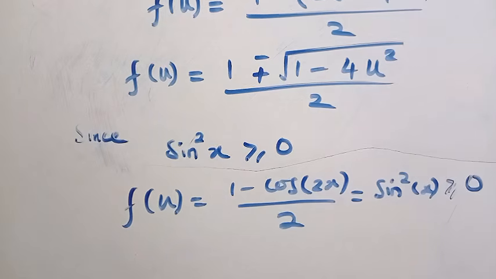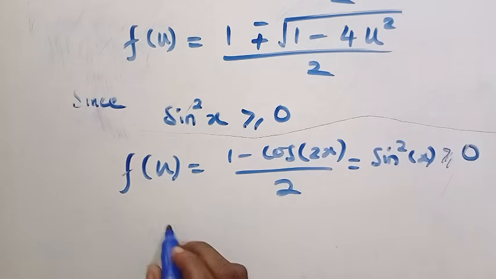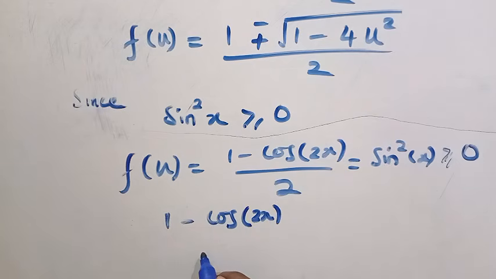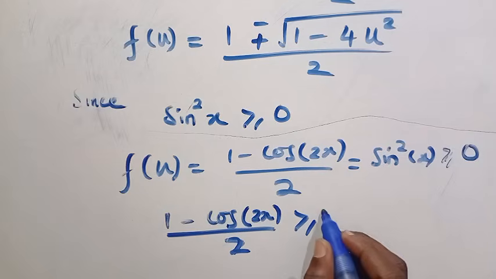So therefore, we take 1 minus cos 2x divided by 2 to be greater than or equal to 0.